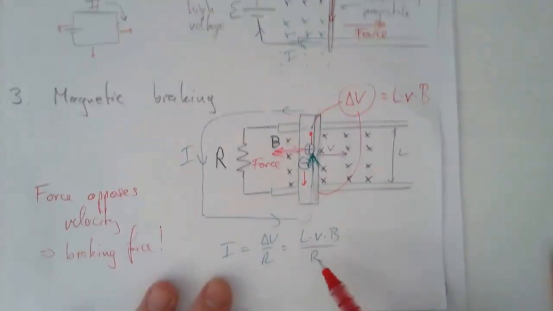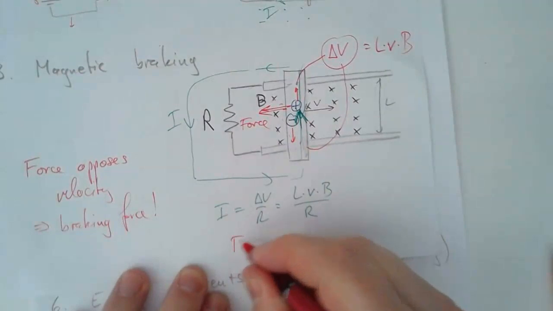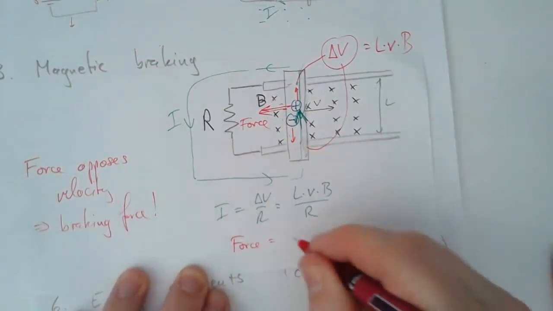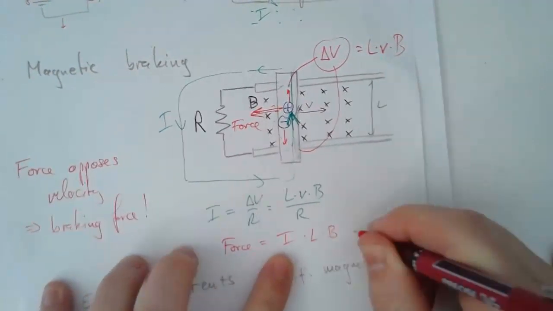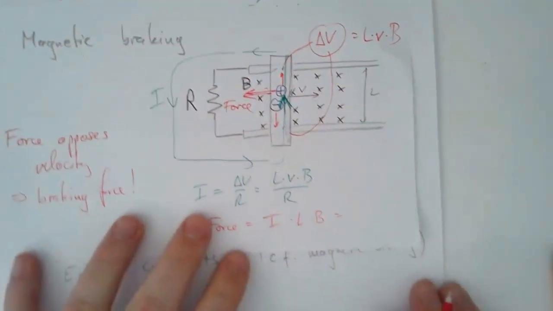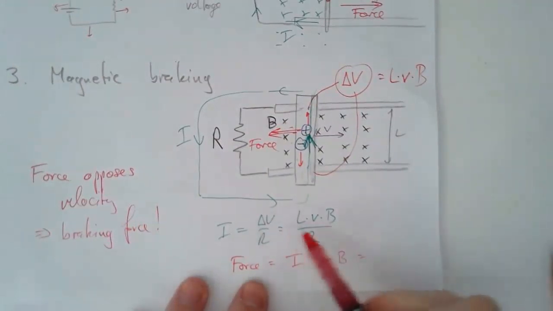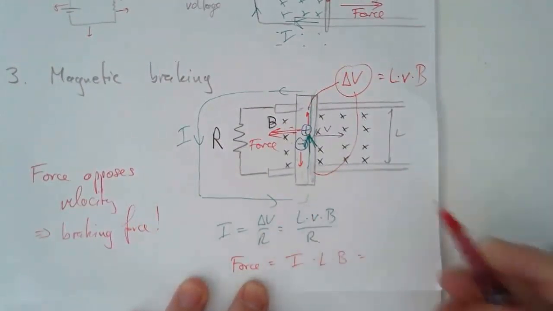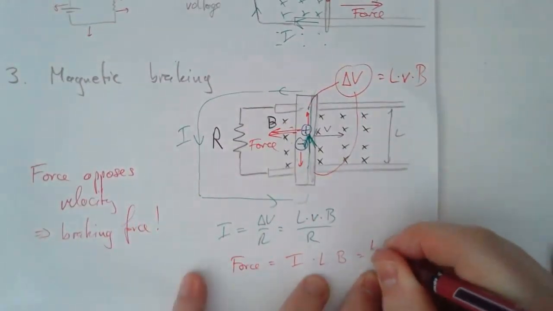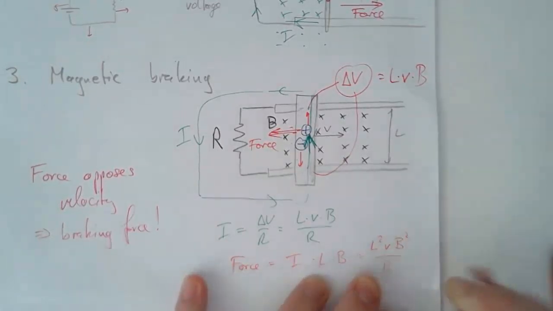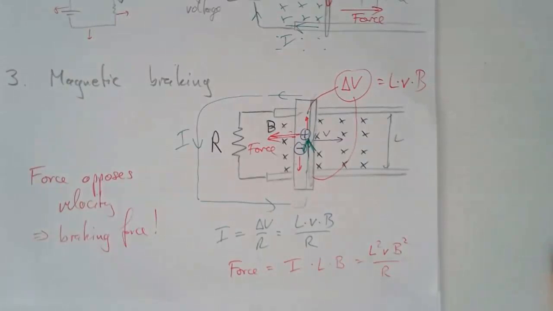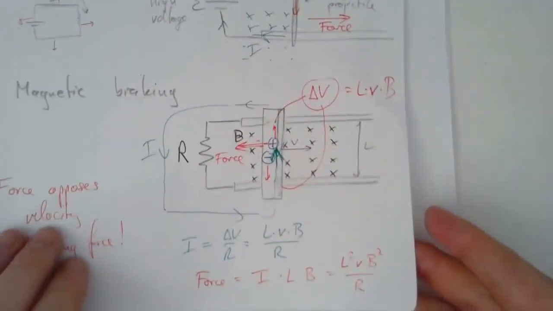The current is this, and then the force is equal to the current times the length times B. So we can put those pieces together, right? We plug this into here, and we're going to get L squared V B squared over R. Alright, fun stuff, right? So that's the strength of the braking force.